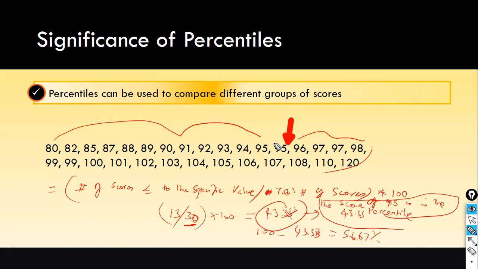If you want to tell in terms of sale value in terms of percentile, how will you tell? If you want to find out where your sale value stands related to the rest of the data set, in that kind of situation, you can use the percentile.